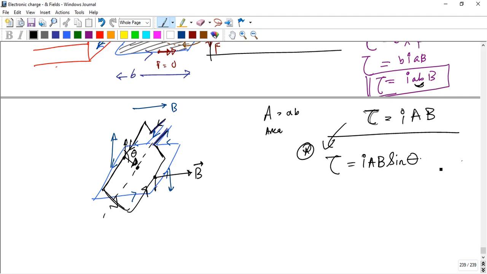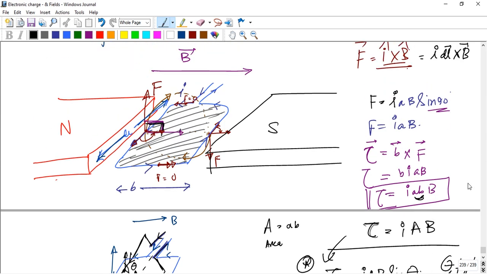Now there is a theta present, and this theta is not equal to 90 degrees, it is any value other than 90 degrees. Now consider the current loop has n number of turns.